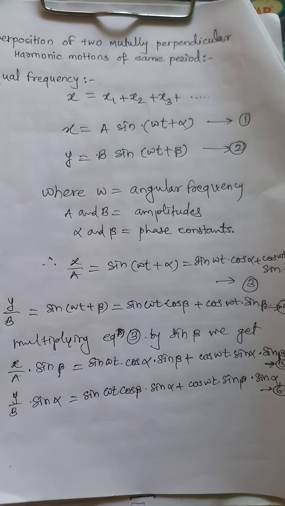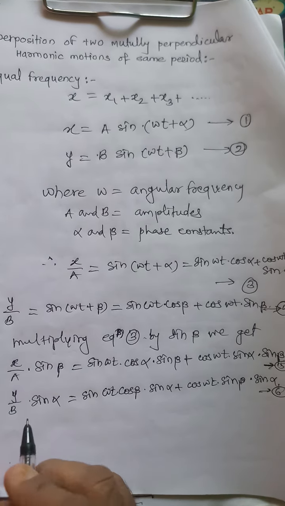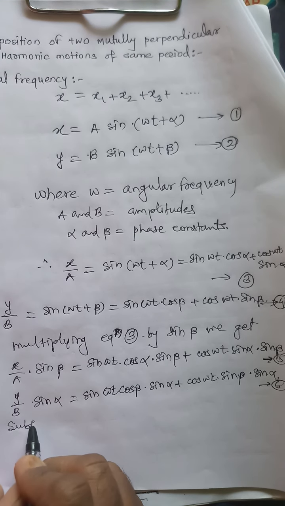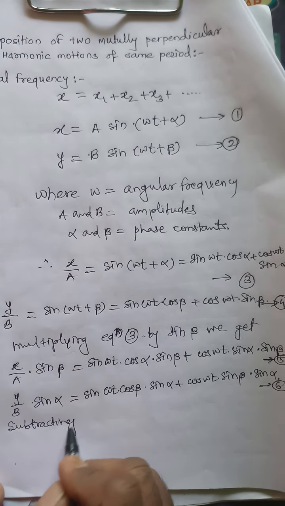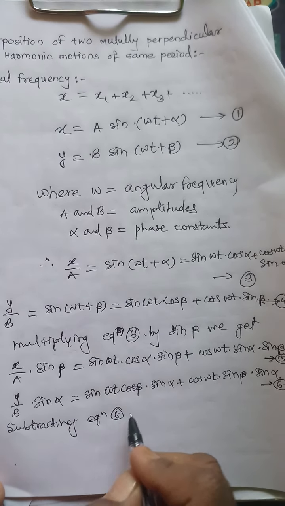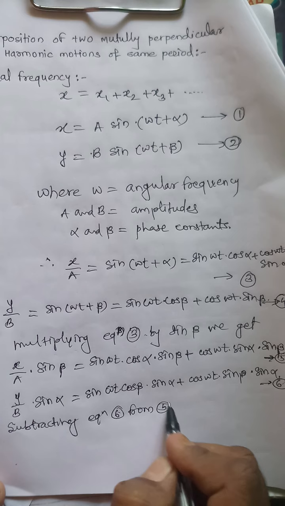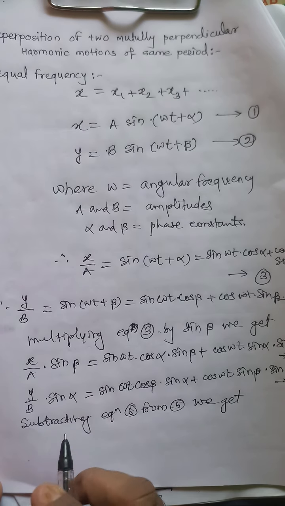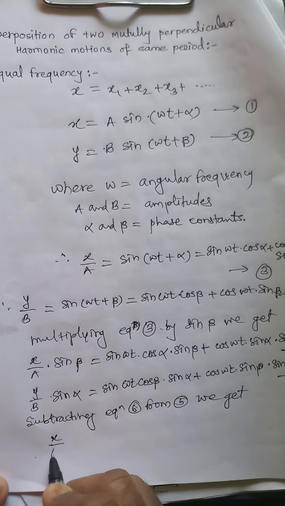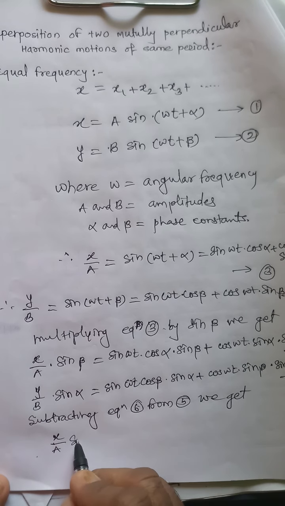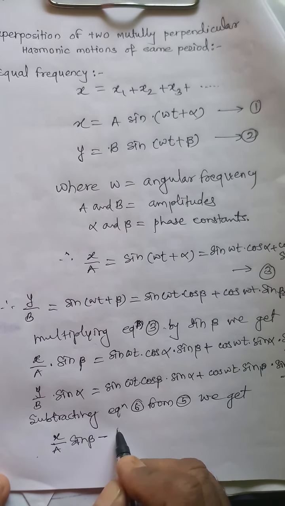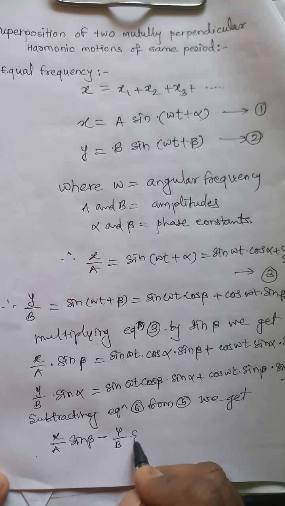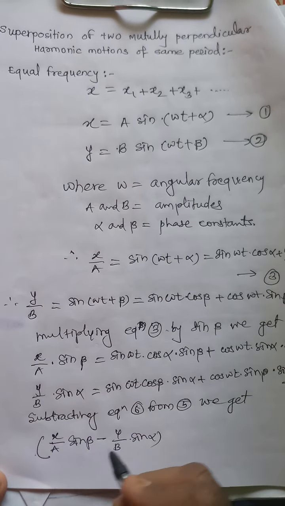Now subtracting equation 6 from equation 5, we get, after subtracting, x upon a into sin beta minus y upon b into sin alpha on the left hand side.